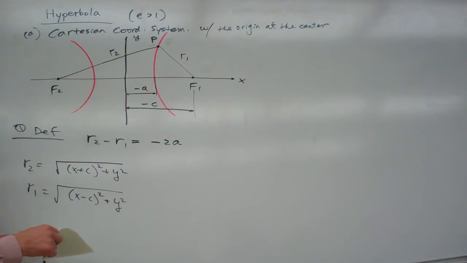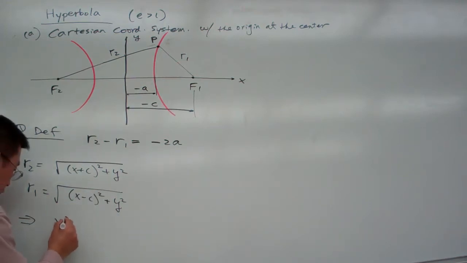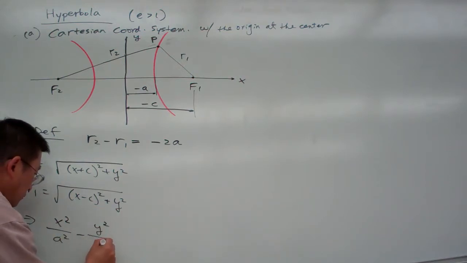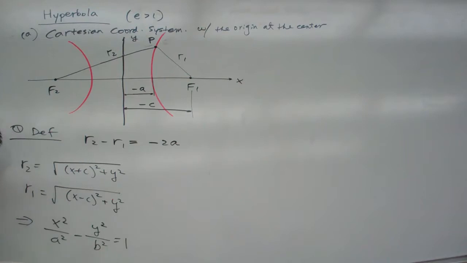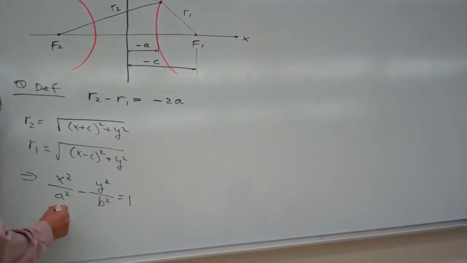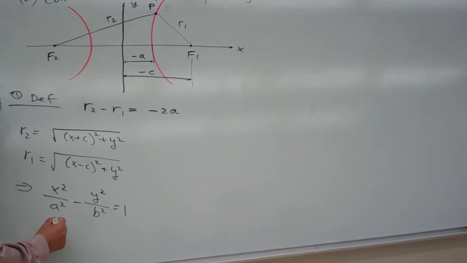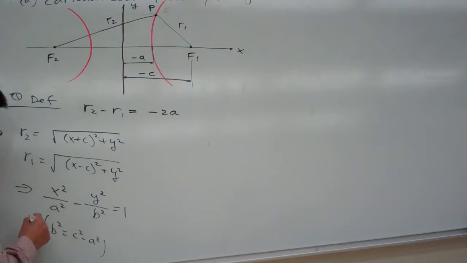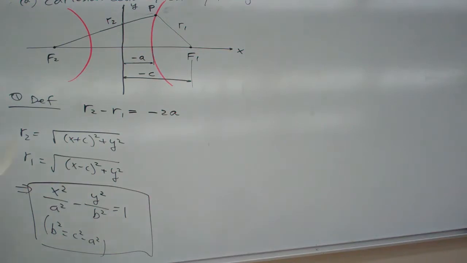So with a and c, the derivation gives x squared over a squared minus y squared over b squared equals 1, and already we have utilized b squared equals c squared minus a squared. Okay, so that is the equation for describing a hyperbola.